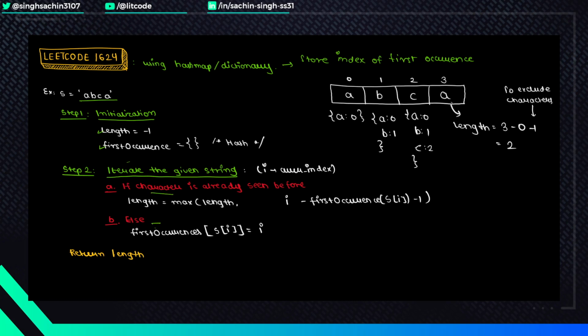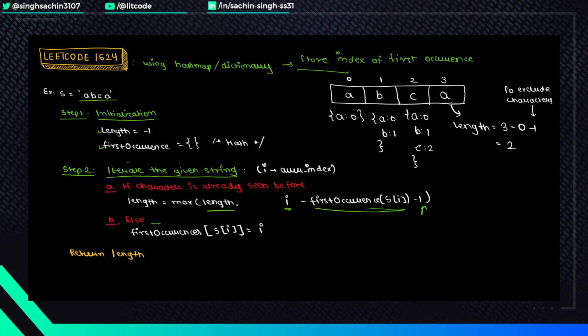If we have already seen the character, we will take the index where we have already seen that character, and we will have the current index of the element as well, right? So we will take the maximum of the current length and the index which we are at currently minus the index when we saw that character for the first time. The first occurrence hash map will be used to get this value, and we'll do -1.